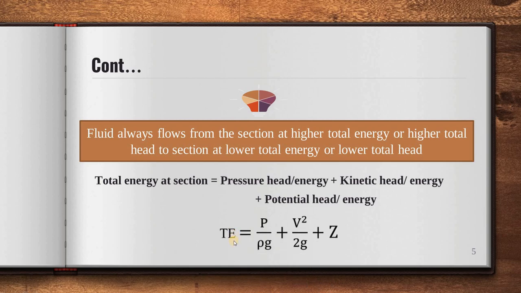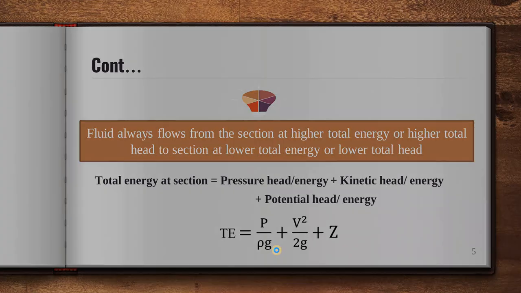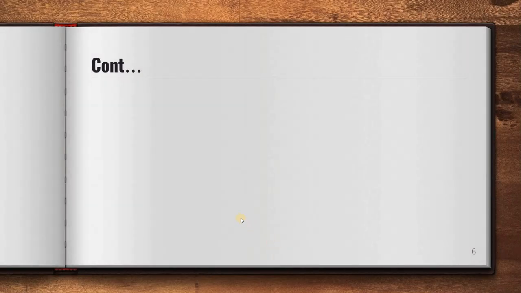So the formula for this is: total energy equals pressure head, P upon rho g, plus kinetic head, V square upon 2g, plus potential head, Z. By using this formula, we can calculate the total energy or total head available at each section. So first we will go for the total energy available at section S1.